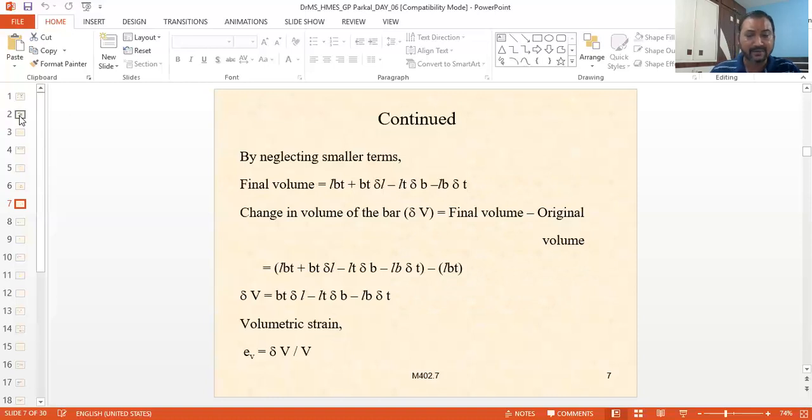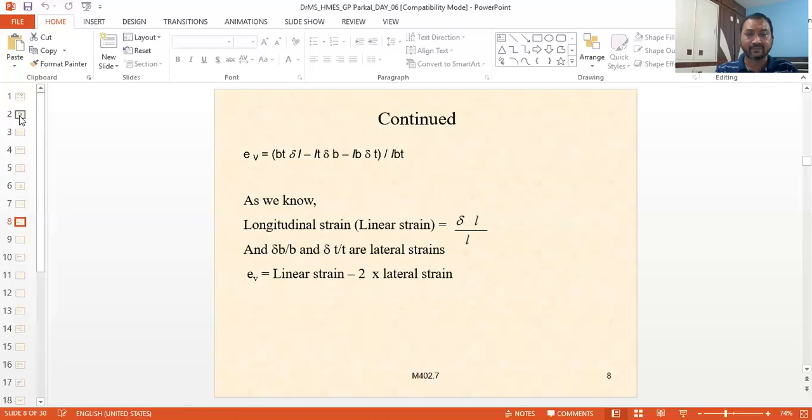So EV is equal to delta V by V. So substituting these values, EV becomes BT delta L minus LT delta B minus LB delta T by LBT.